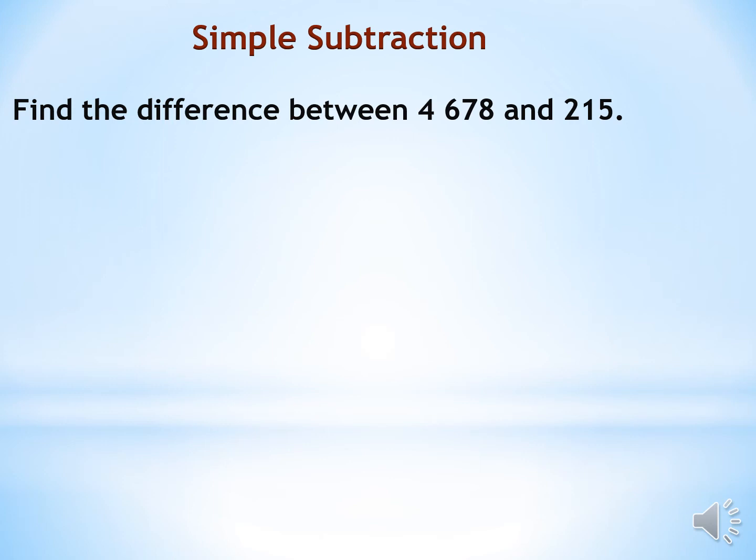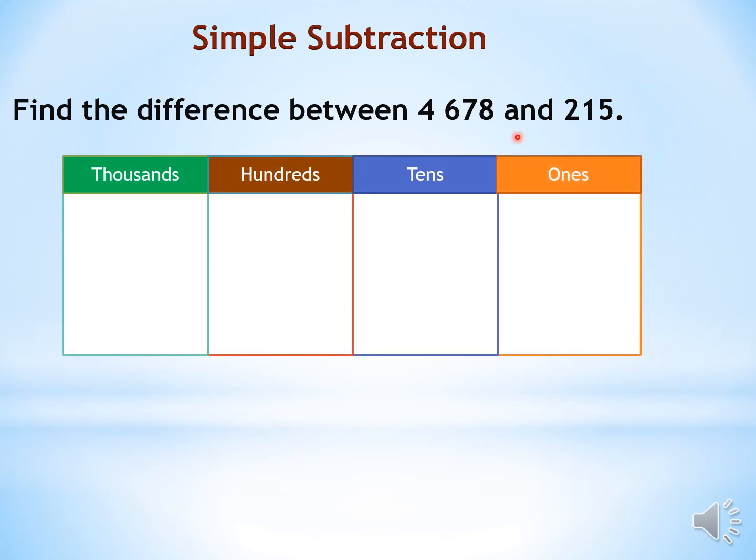Let's do this simple subtraction firstly. Find the difference between 4,678 and 215. So children, like in addition, here even shall we use a place value table to find the difference between them? Okay. See, the first number is 4,678. That means from the number 4,678, we should subtract 215.